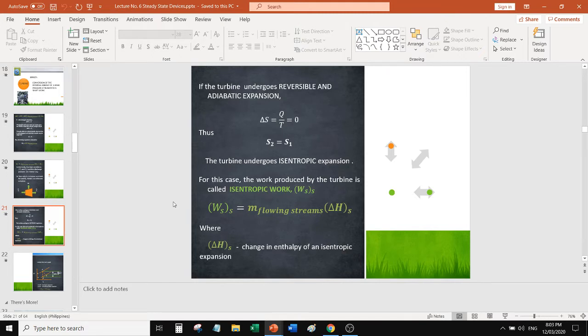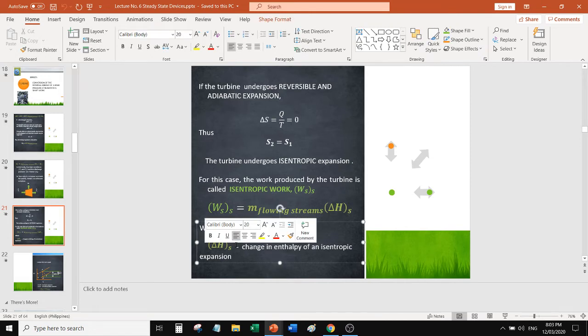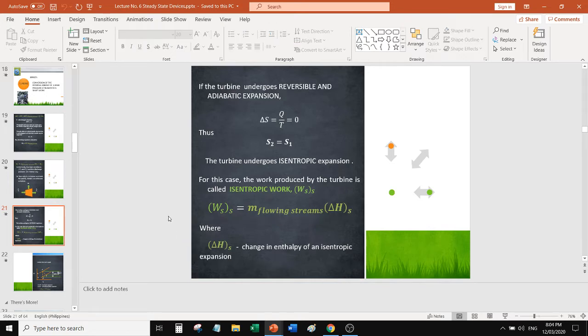Okay. So, pag ganon, diba, we designate yung isentropic work and isentropic delta H, merong parentheses and then sub S sa labas. So, yung work shaft na isentropic, meron ding parentheses and then sub S sa labas, to differentiate it from the actual delta H and the actual work shaft.